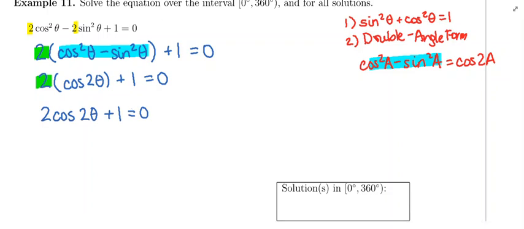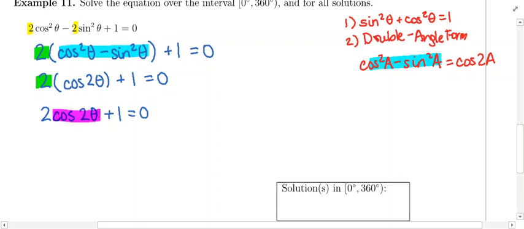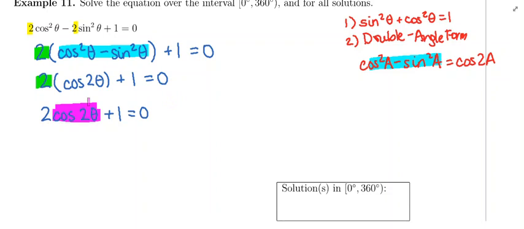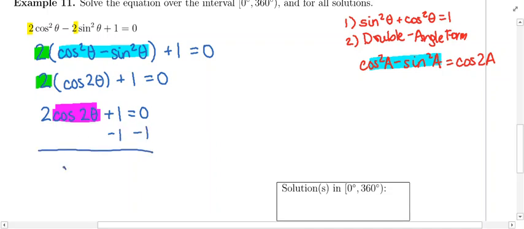This is actually a linear equation. Here is the trig term, and it is raised to the first power. Even though there's a double angle, the cosine is raised to the first power. So I'm going to isolate the cosine of 2 theta. I'm going to move the 1 over, and then divide by the 2 out front, this 2 that I have underlined in red.